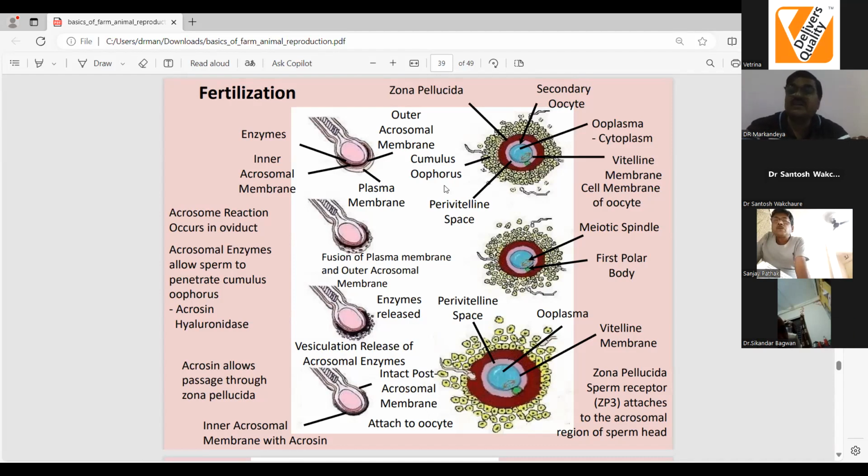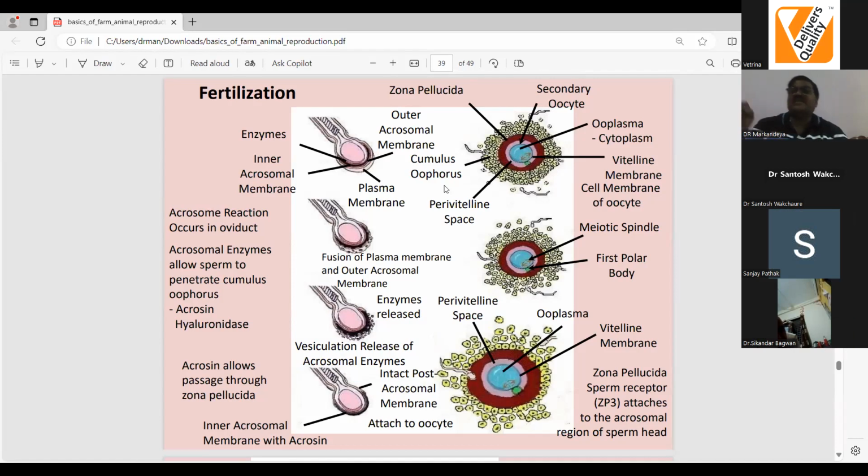Then the sperm will enter the perivitelline space first, and it will take rounds and rounds. Once the sperm is in the perivitelline space, there is a vitelline block or zona reaction. If it touches the wall of the ovum obliquely, then only the sperm is engulfed.